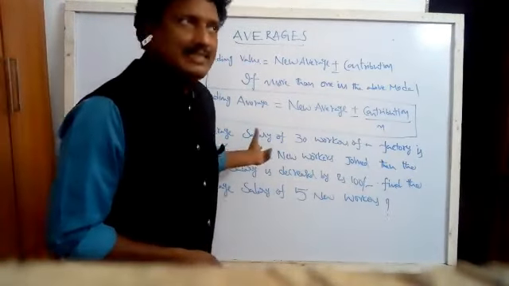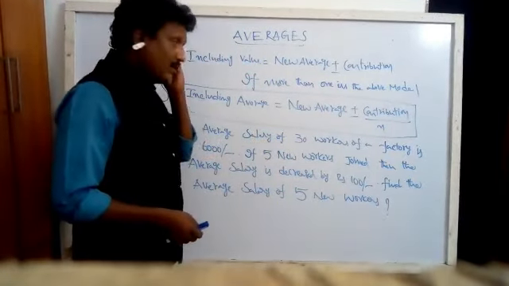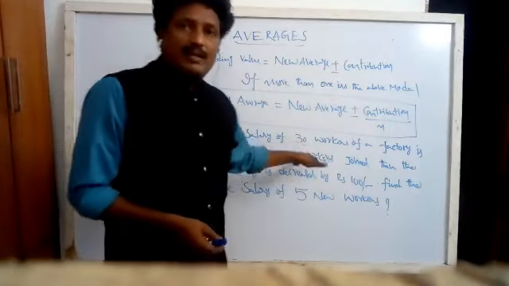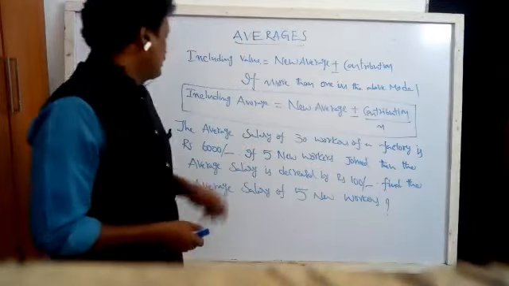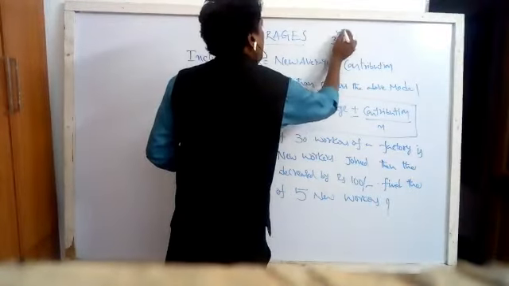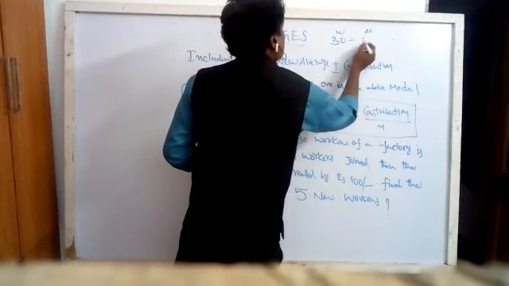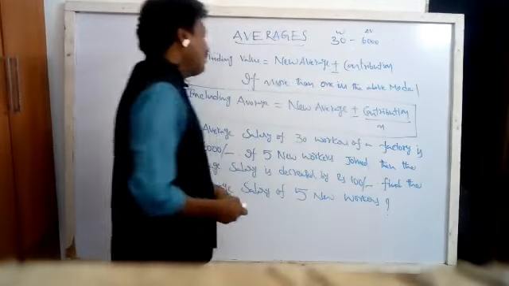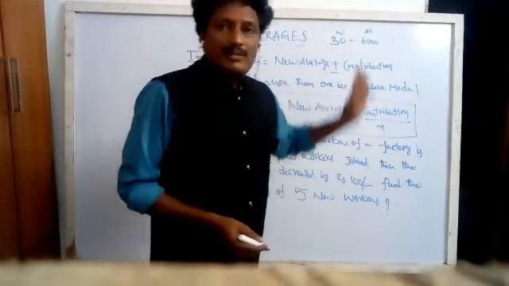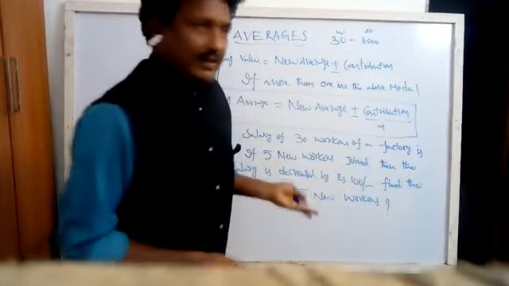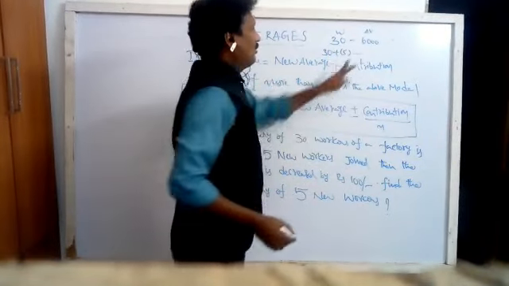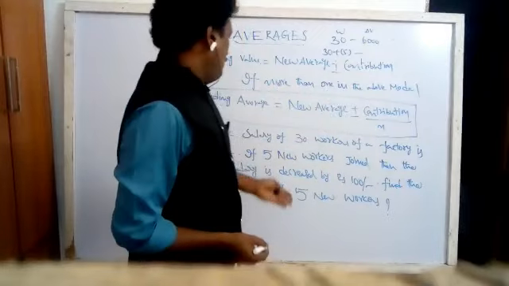See this example. The average salary of 30 workers of a factory is 6,000. So in a factory there are 30 workers, and their average salary is rupees 6,000. If 5 new workers join them, then 30 plus 5, the new strength becomes 35.